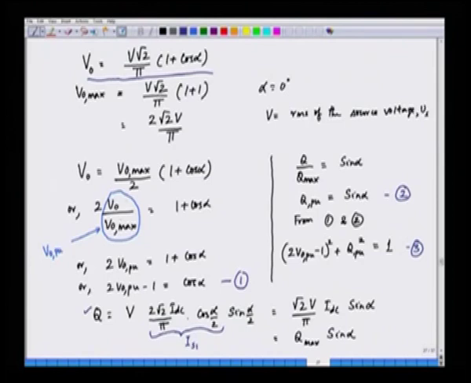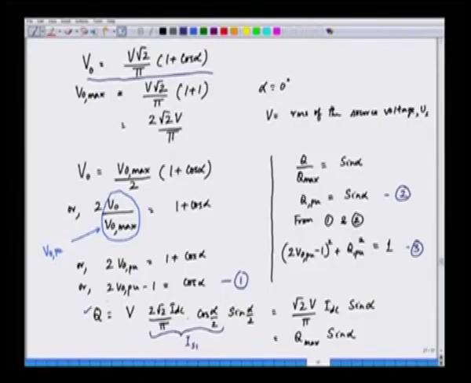We in fact take this V naught maximum to the left hand side, and what we obtain here is 2 into V naught by V naught max, that is equal to 1 plus cos alpha, and V naught by V naught max is V naught per unit, the per unit output voltage. If you divide the output voltage by the maximum possible voltage, we get the per unit output voltage.